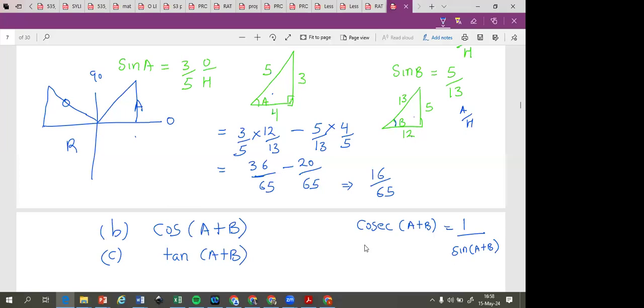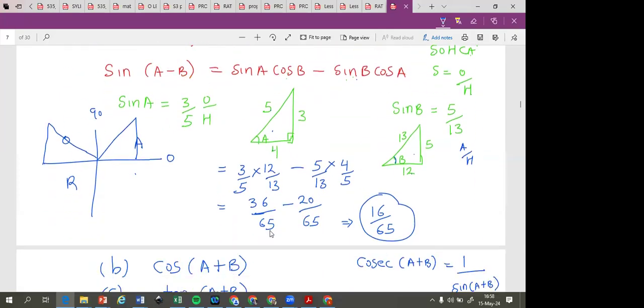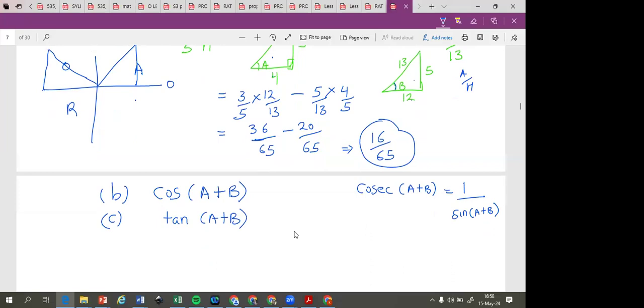So now what you do, you come here. Since at first we were getting sine of A minus B, so for you, just get the reciprocal of the answer. Are you getting it?